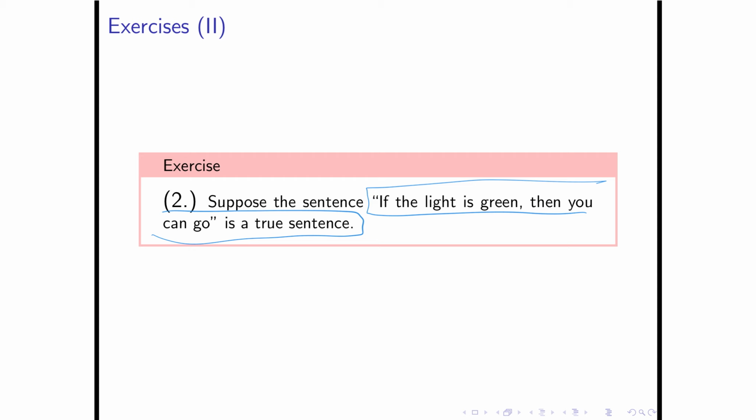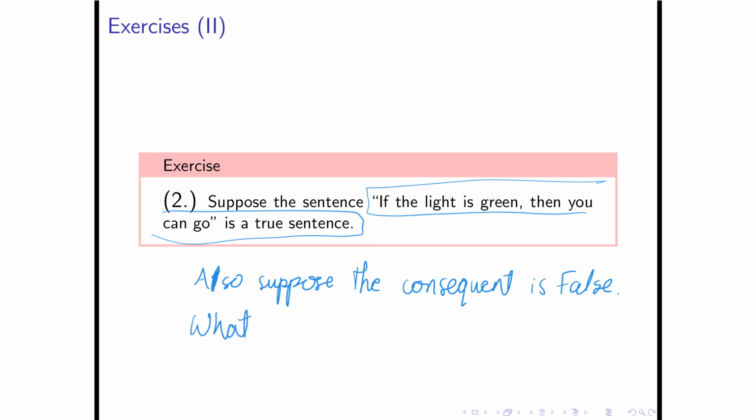Also, and I didn't write this out, so I'll just go ahead and write it out now, suppose that the consequent is false, which in this case means that you cannot go. What can you infer, right? If it is given that the conditional sentence is true, but the consequent is false, what can you infer?